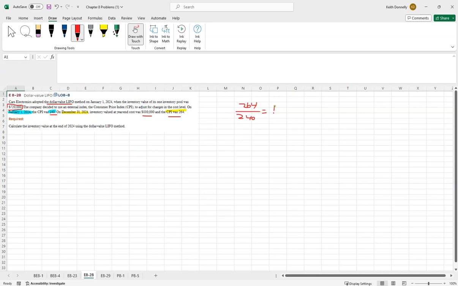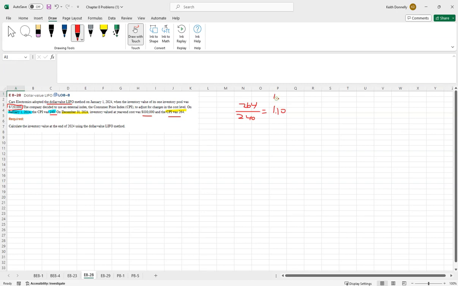That's going to give us 1.10. That's going to be the cost index in what we call the layer year, the first year of the layer. Up front, the starting year, the base year, it's going to be equal to 1.0.